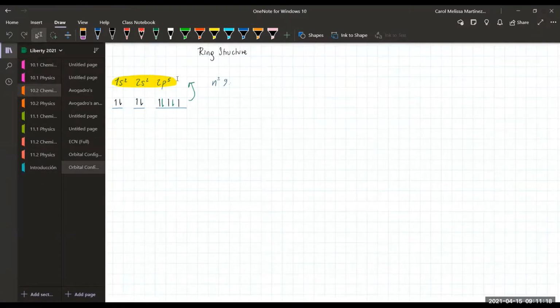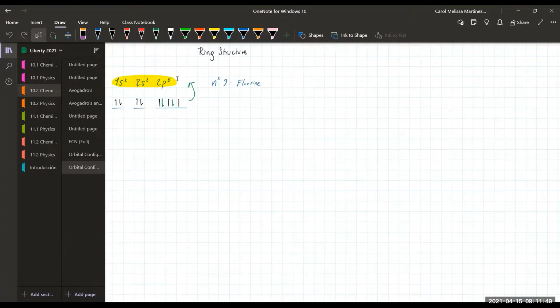What element is in position 9 of the periodic table? Fluorine. So this is the configuration of fluorine, okay? So just remember this: in the case of having less than the maximum required, you always start with the upward arrows from left to right, and then you continue downward.